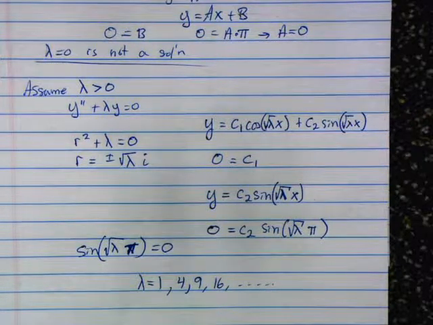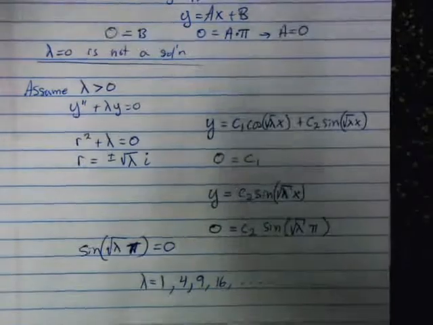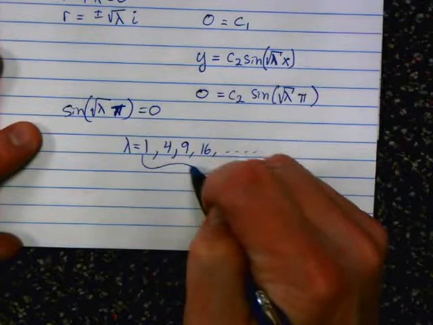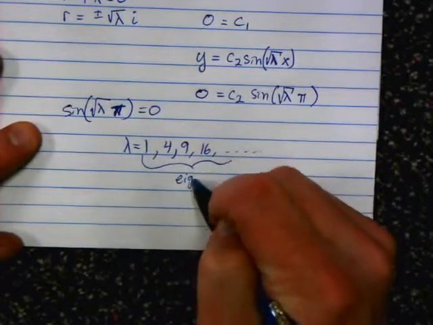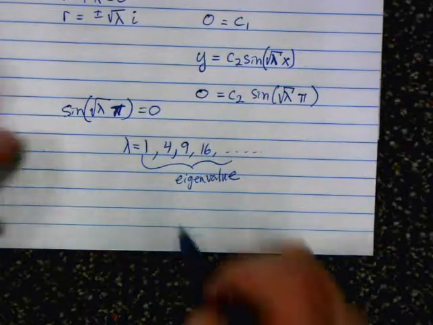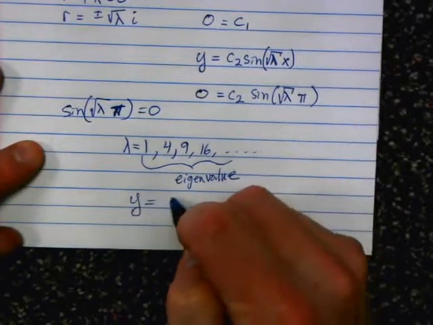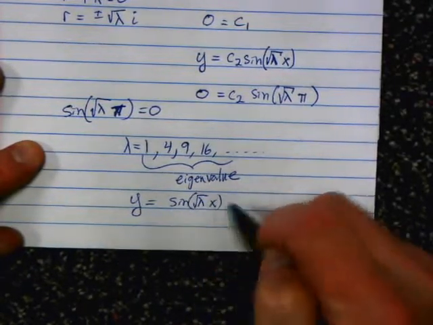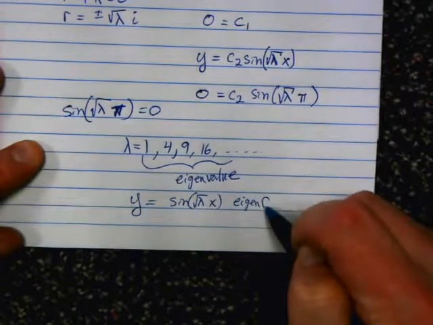The answers are the perfect squares. Okay, so these answers that you get are called the eigenvalues. And then y equals sine square root of lambda x is called the eigenfunction.